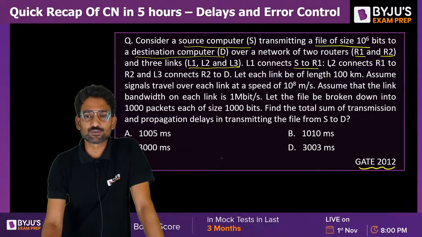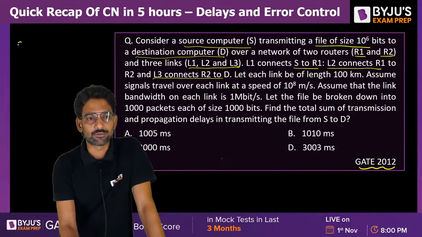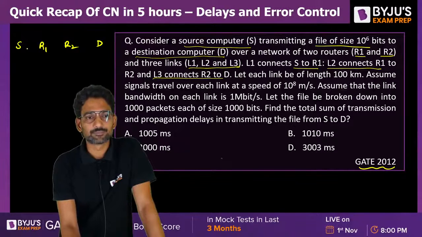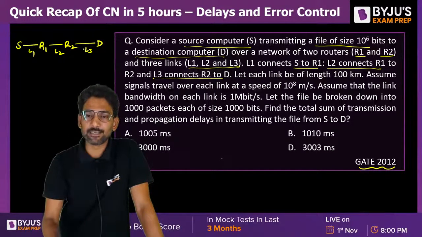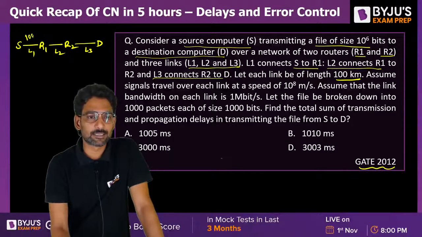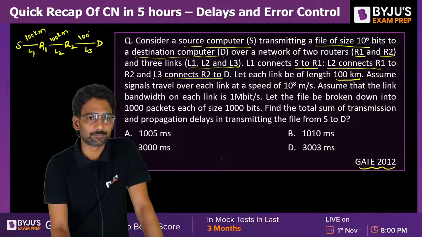L1 connects S to R1, L2 connects R1 to R2, L3 connects R2 to D. So we have S, R1, R2, D. Let each link be of length 100 km. So each link length is 100 km.